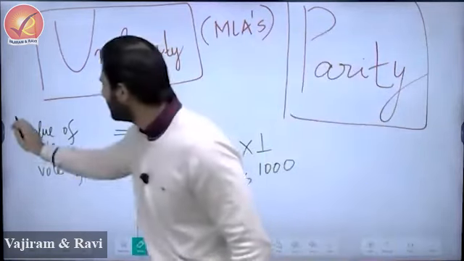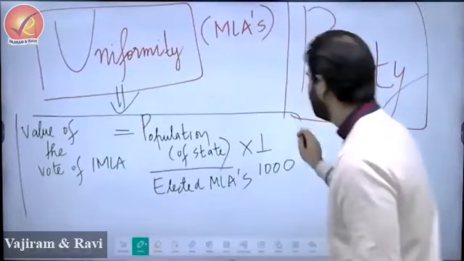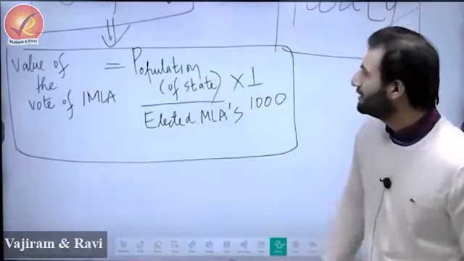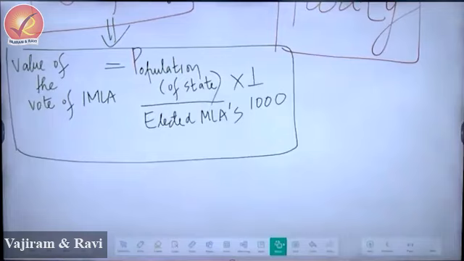This is now a complete calculation that we'll do for all of our states to know what is the value of the vote of one MLA that is actually getting counted in favor of the candidate that your MLA or my MLA is choosing in the election of the president.